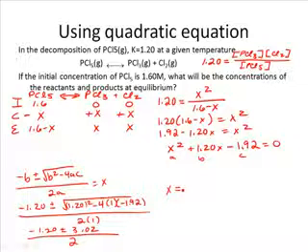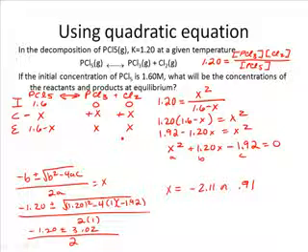We get a negative 2.11, or a 0.91. Now what we do is take these x values, plug them into the equilibrium values, and see if they make sense. One of the things we can't have is a negative concentration.